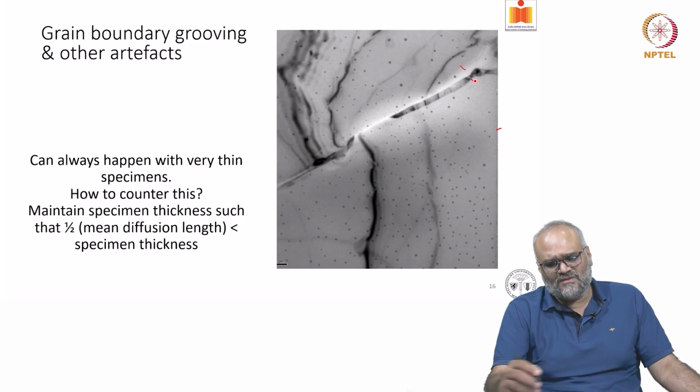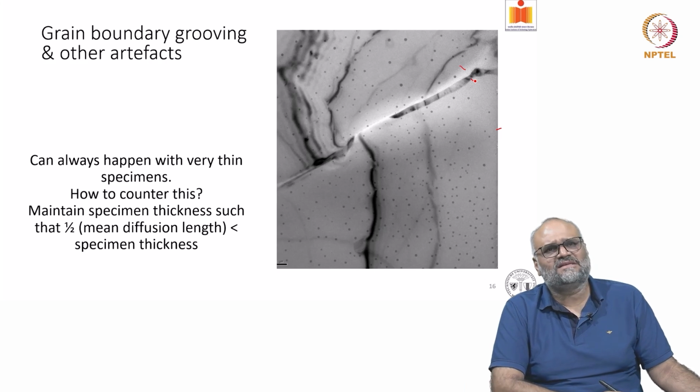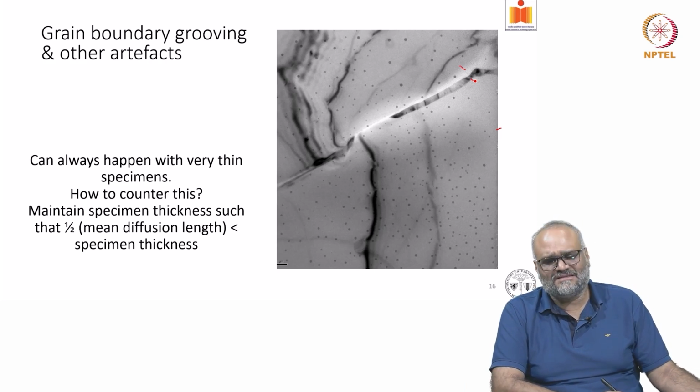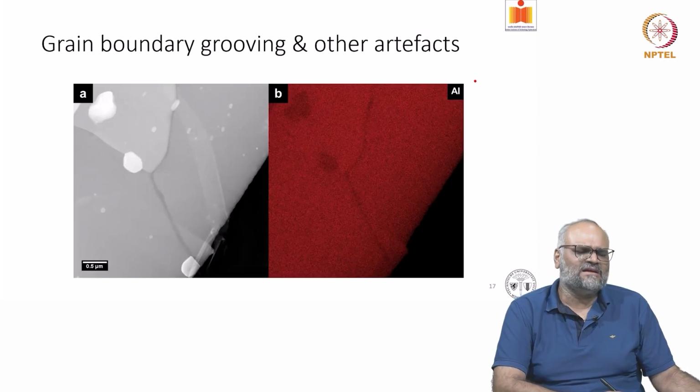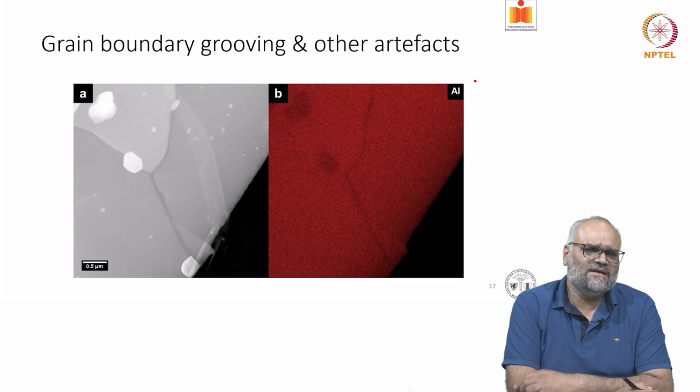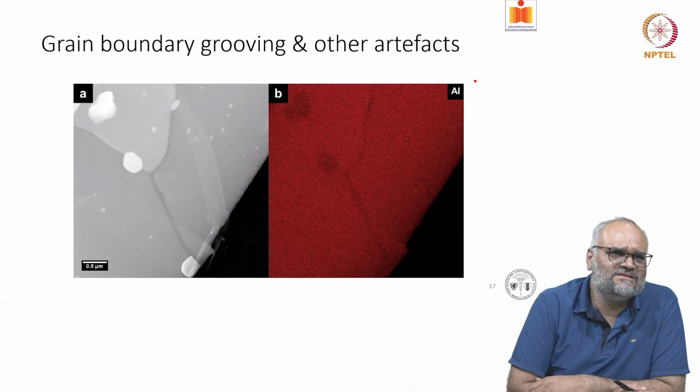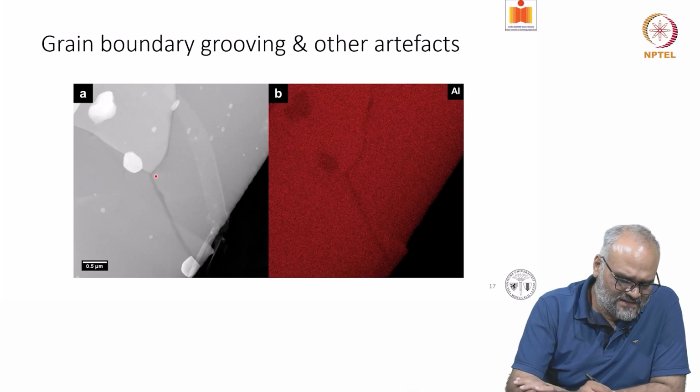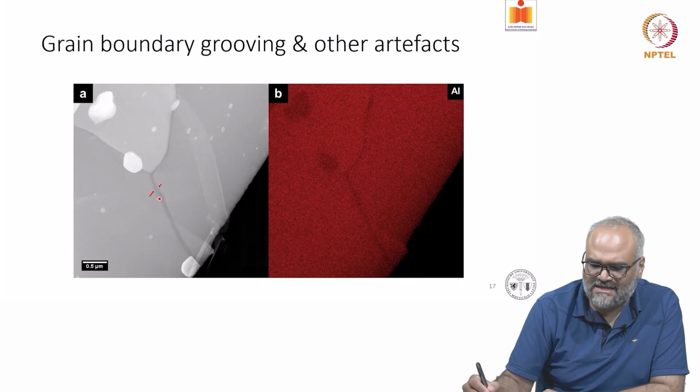And if you now do compositional mapping around this kind of a region, there's another specimen at a triple point. You can see this is imaged in STEM mode, and if you take the EDS mapping from the same region, you can see there is a variation in the thickness, and this appears like a groove.